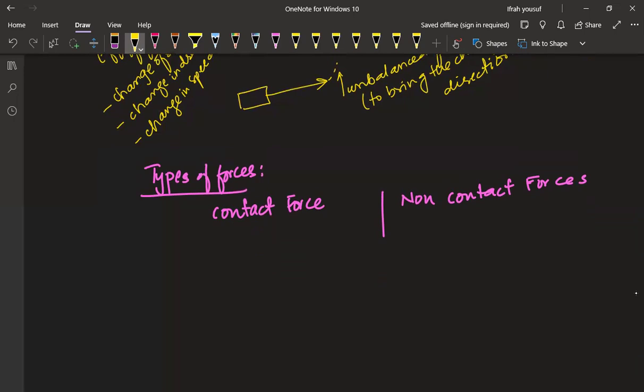So yes, non-contact forces like magnetic force, gravitational force, upthrust, electrostatic force.